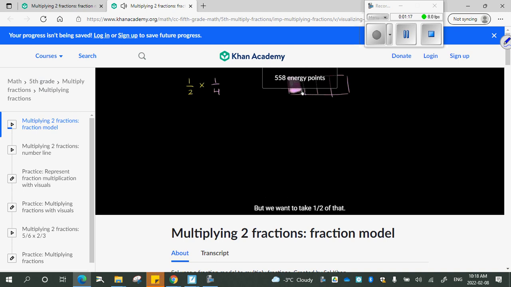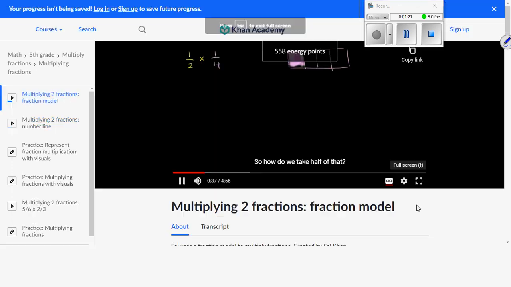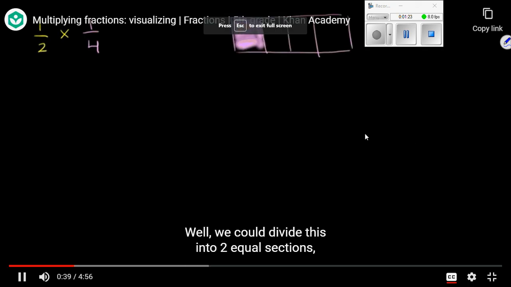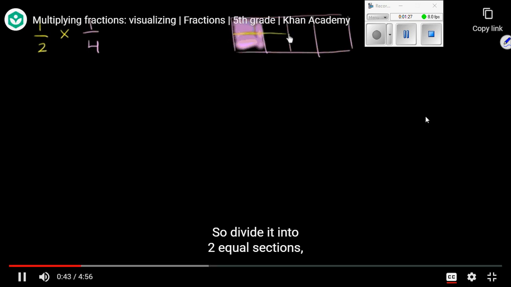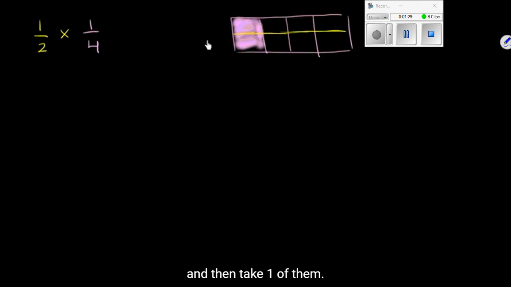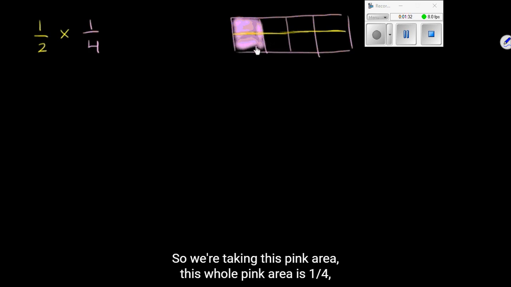We can divide this into two equal sections. Let's take one of them. Two equal sections. One of them.